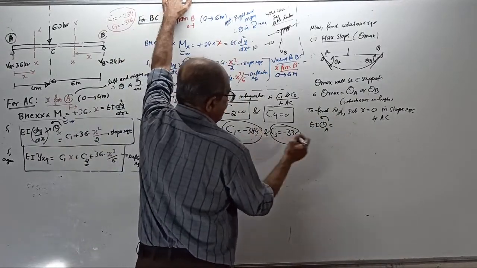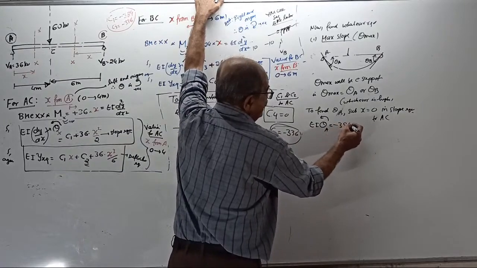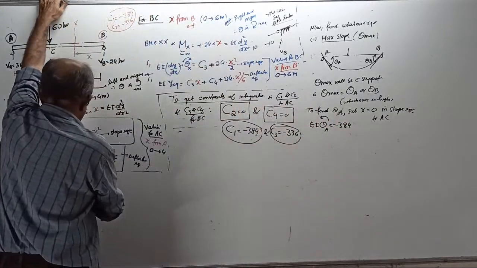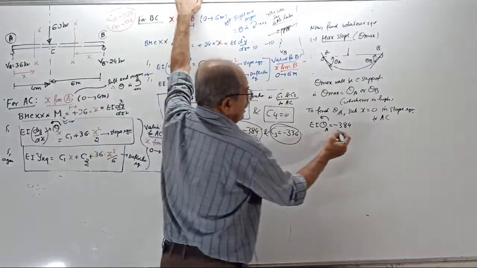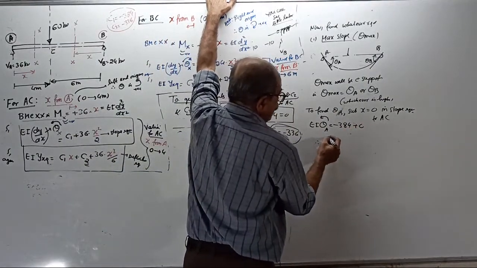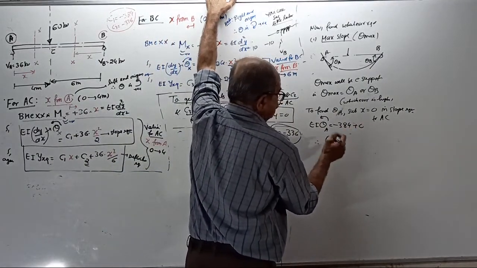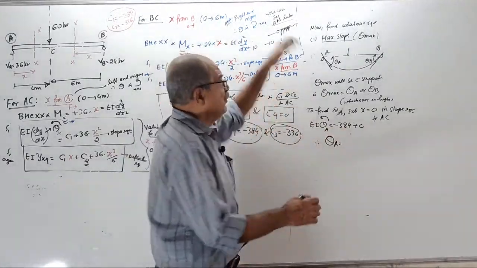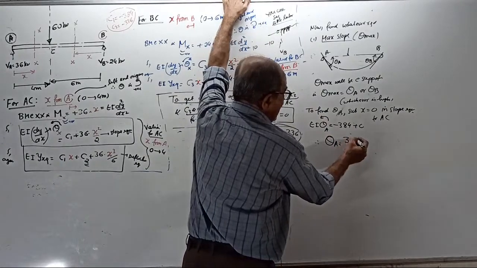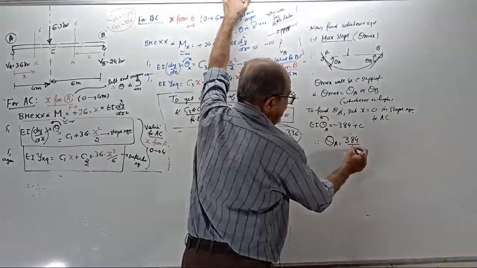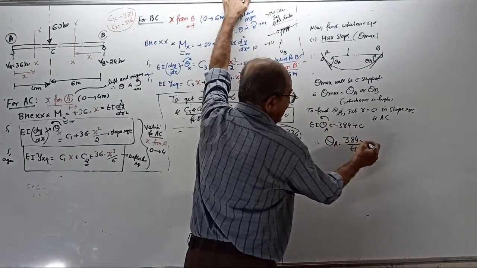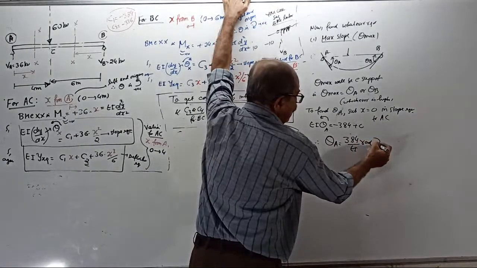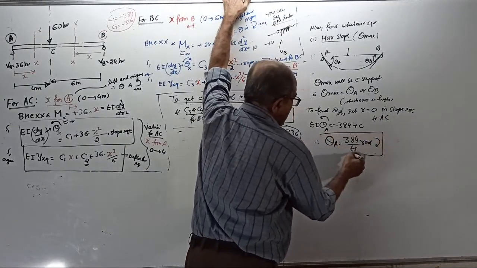Where is C1? Minus 384. That's all. Why? Minus 384 plus 0. Therefore, theta A, anti-clockwise positive, minus 384 means it is 384 by EI, that much radian in the clockwise direction is the answer.